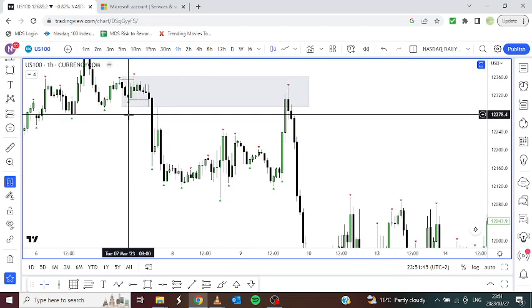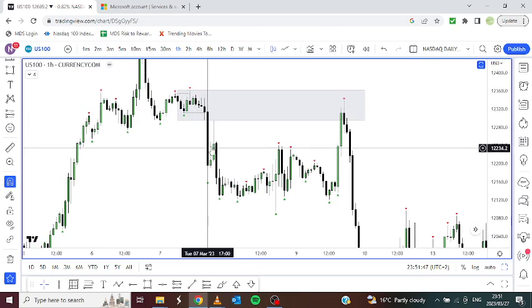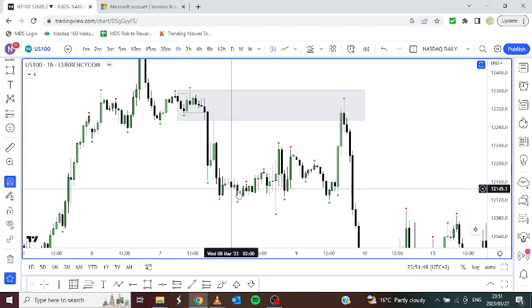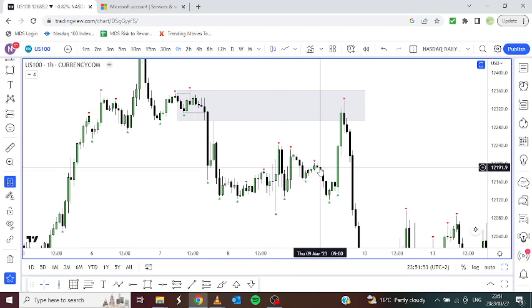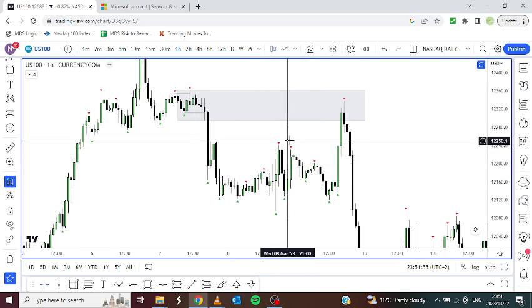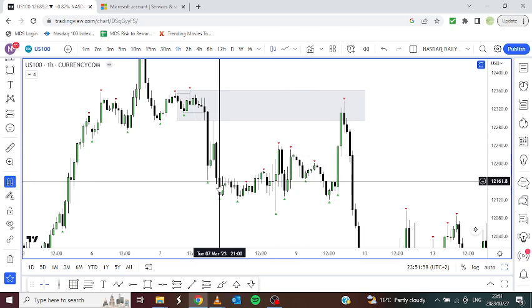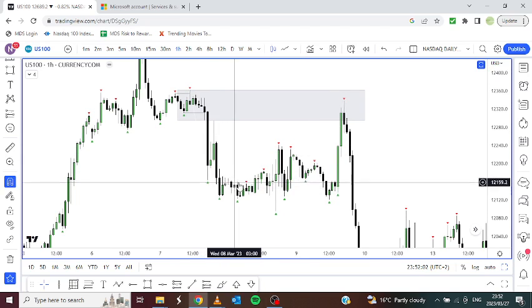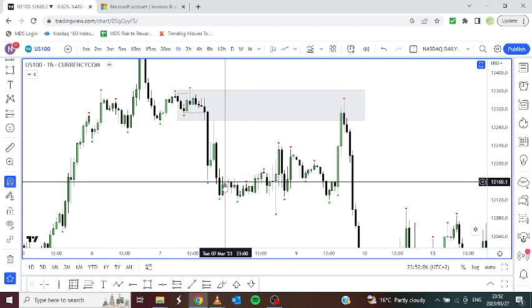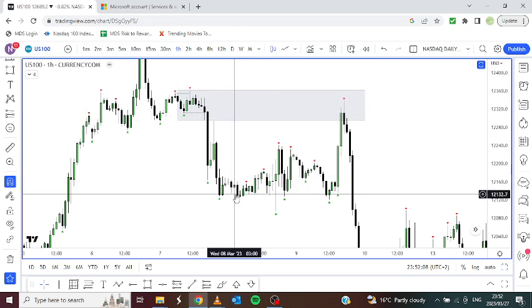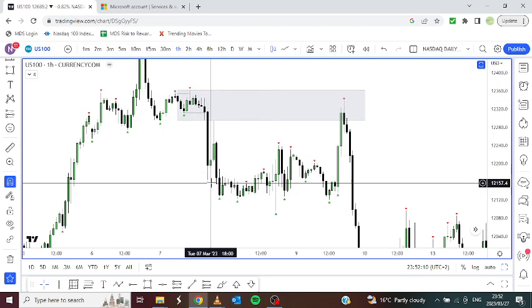So when structure breaks, is the internal liquidity engineered? And on the return to the POI, is there sufficient liquidity engineered? So here, when we break lower, we have a lower low. When we break this low, all of this is internal liquidity because there's plenty of selling happening, even though it's happening at a discount when we're looking at this as an impulsive move.